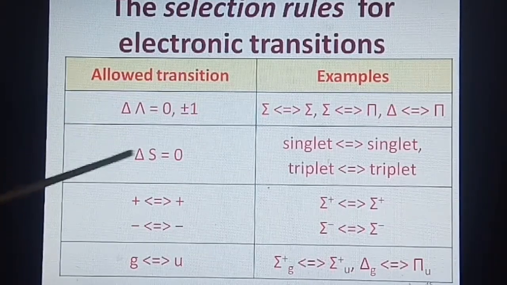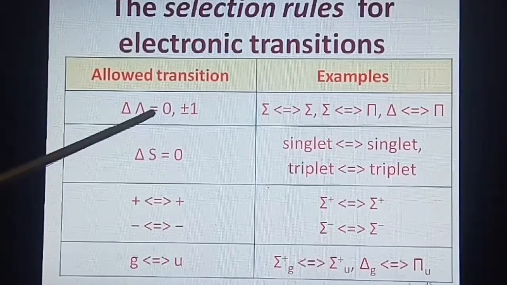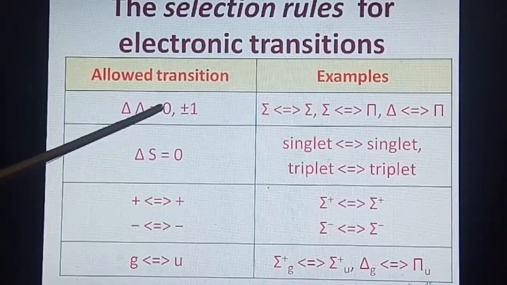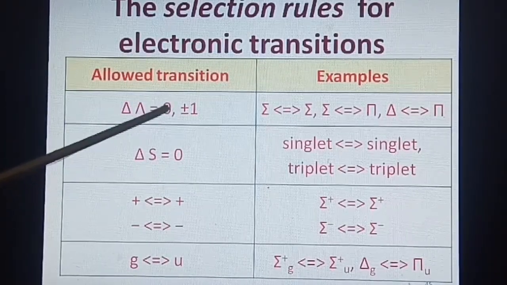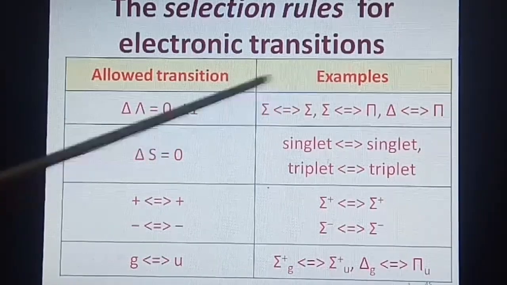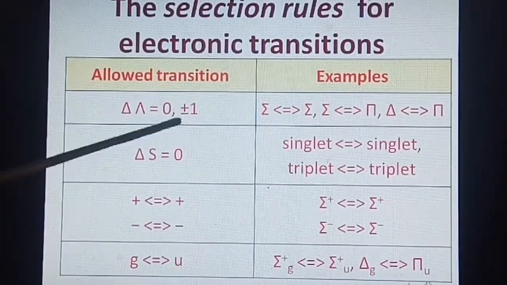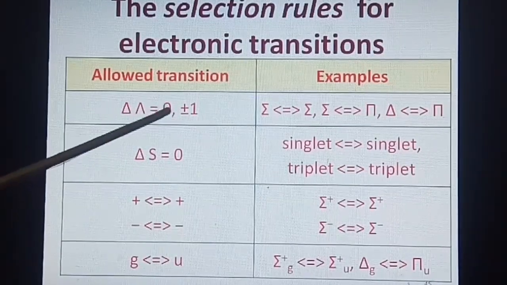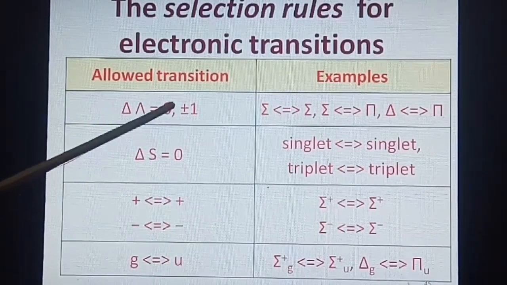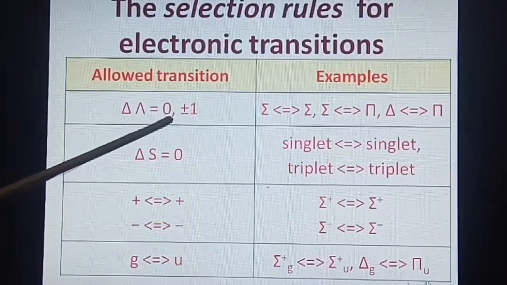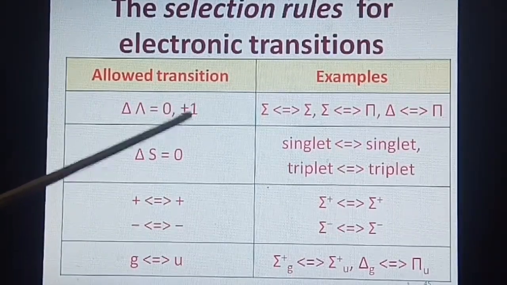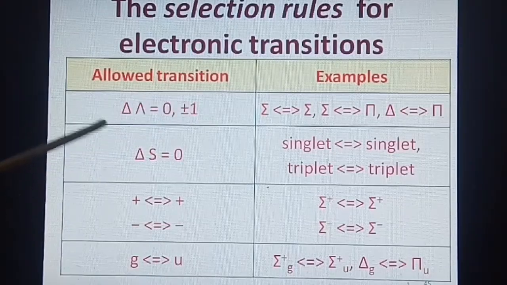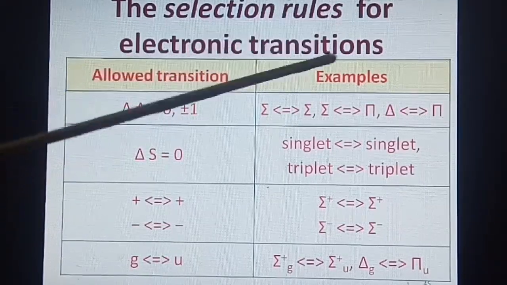In the atomic term symbol, like S, P, D, F, transitions from S to S and P to P are not allowed, but here if delta lambda is equal to 0 or plus minus 1, then the transitions will be allowed.